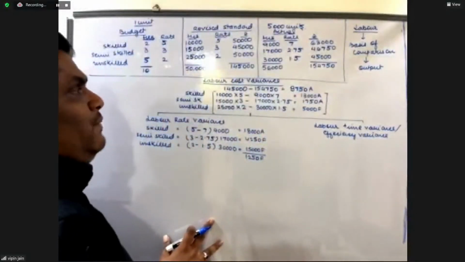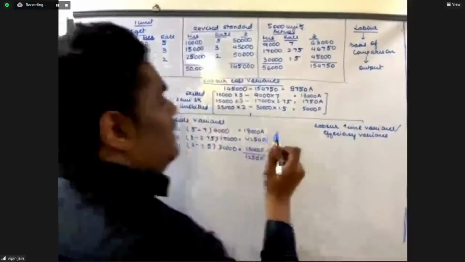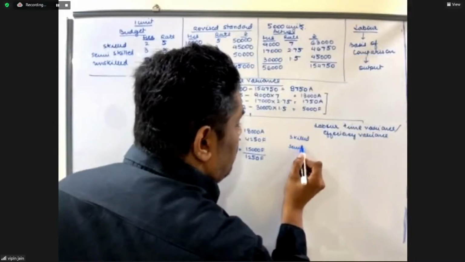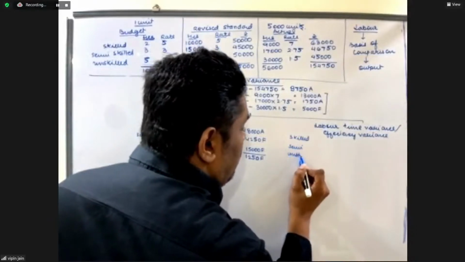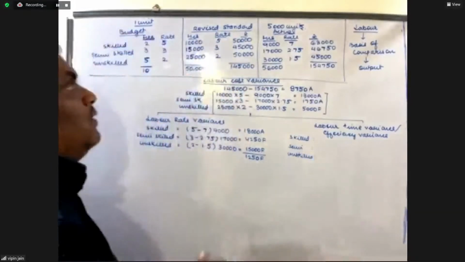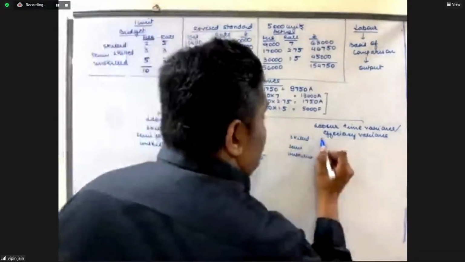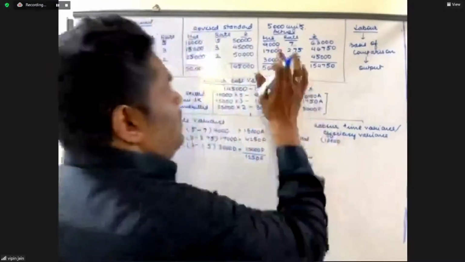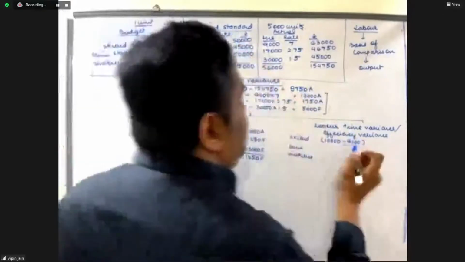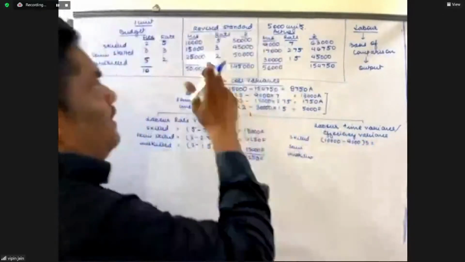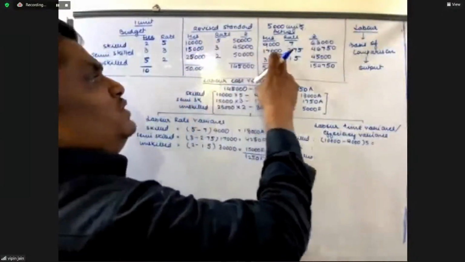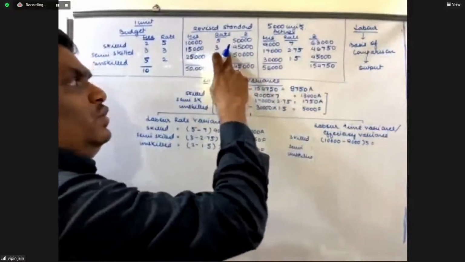So again, the same concept, the work was supposed to be completed in 10,000 hours. We took 9,000 hours into the standard rate, that is 5. Again, when talking about material, 15,000 quantity was supposed to be used. We actually used 17,000 into the standard rate.